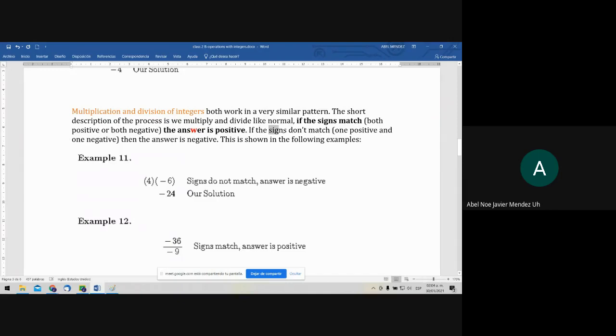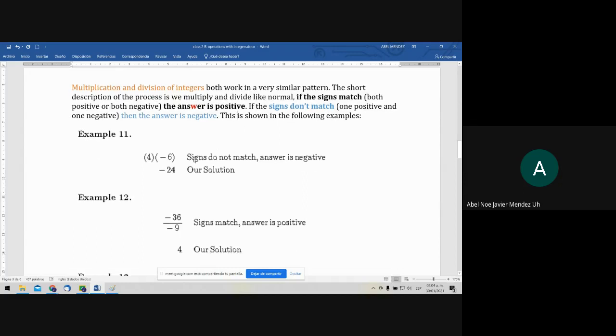If the signs don't match, I'm going to put it with another color. If the signs don't match, then the answer is negative. Okay, this is shown in the following examples.